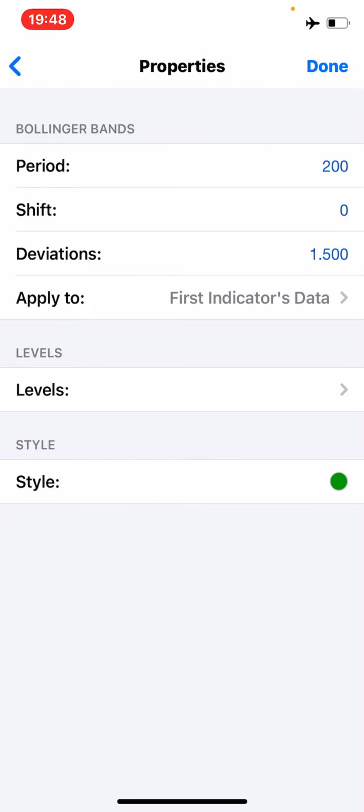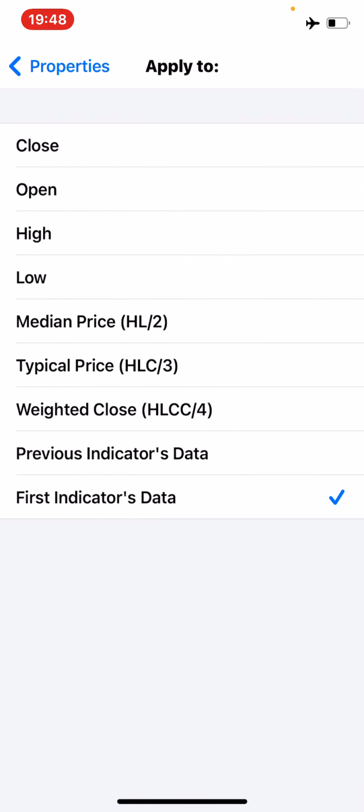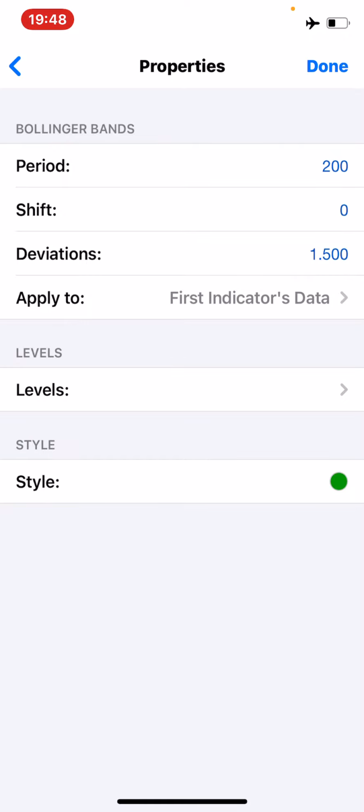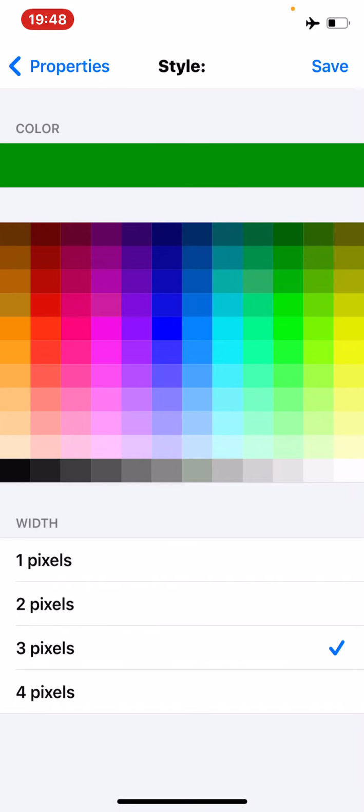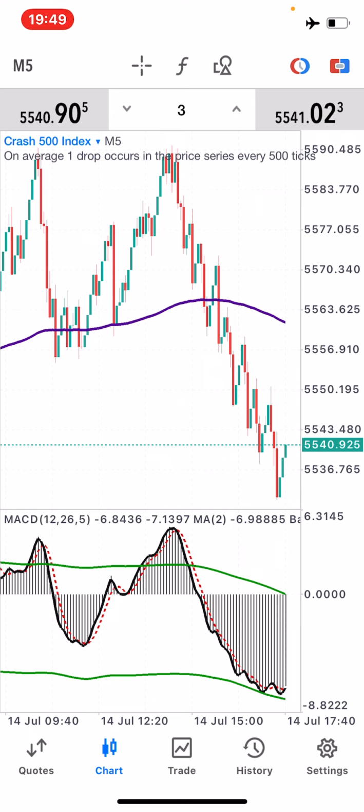We're going to have a period of 200, a shift of 0, deviations of 1.5, apply to first indicator's data. Please make sure you change that to first indicator's data. And then the styling, you can pick any style of your choice, but I chose this green color. Please make sure you also increase the pixels so that it's more visible. And then we're going to click save and then done.